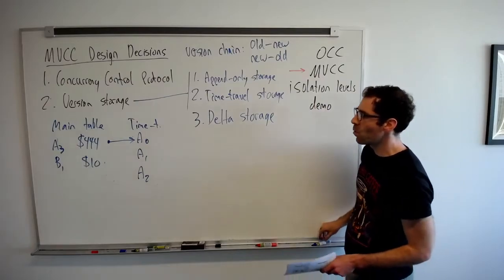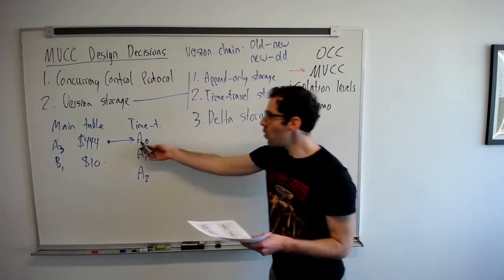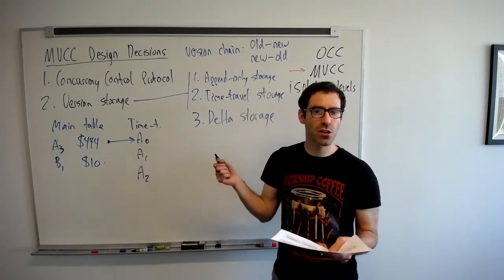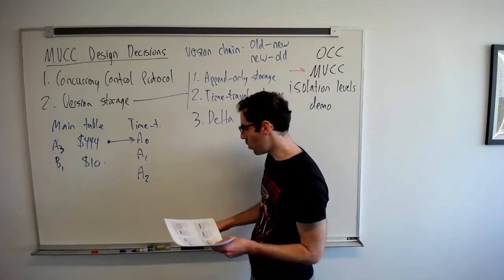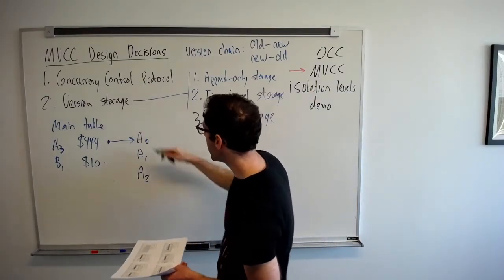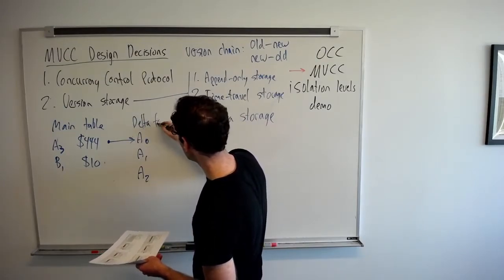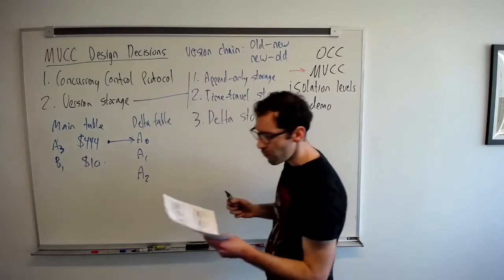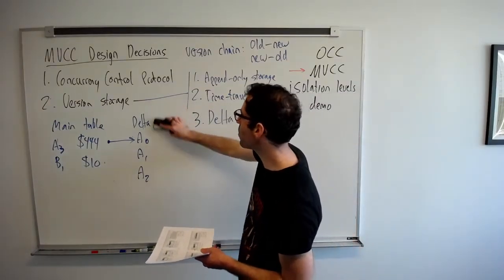And all this means is that instead of the full object in each of these old tuples, we're still going to maintain a separate table for information about old versions.